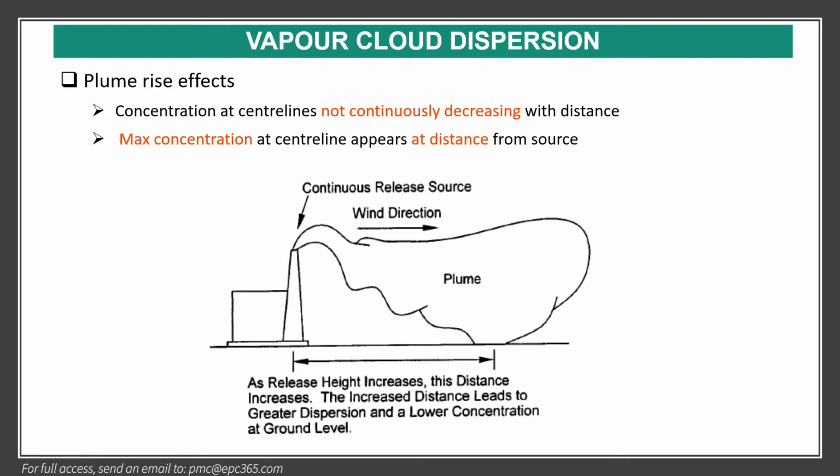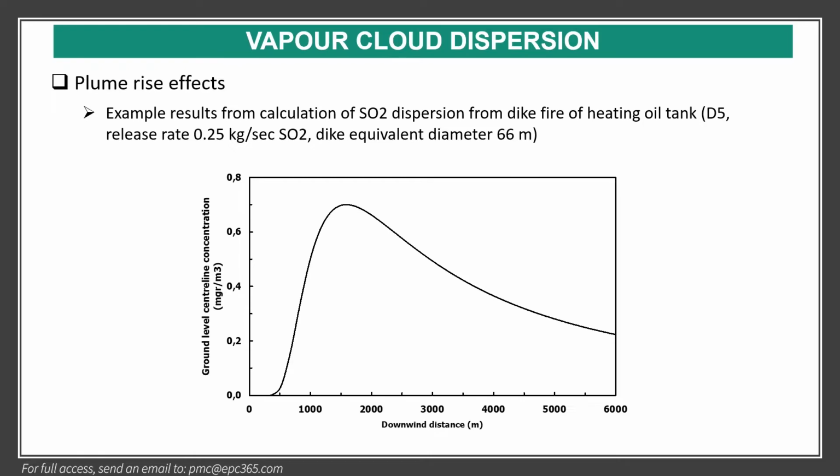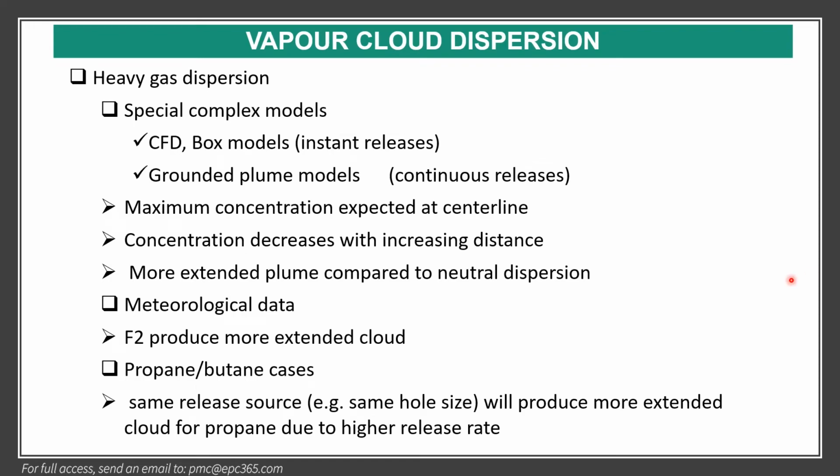Plume rise effect also, an example is SO2 dispersion from a dike fire of heating oil tank D5, with this release rate and dike equivalent diameter of 66 meters. It becomes something like this. You do the modelization, and we discuss it in our workshop.